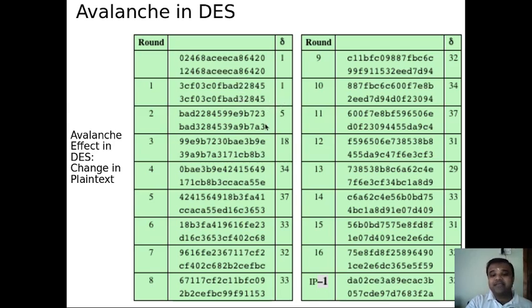After the second round of operation, you see that 5 bits have changed. Looking through these two data, after 2 rounds of operation, 5 bits have changed. We just had a 1 bit change in the input, and after 2 rounds of operation, the corresponding ciphertext has 5 bits of changes.